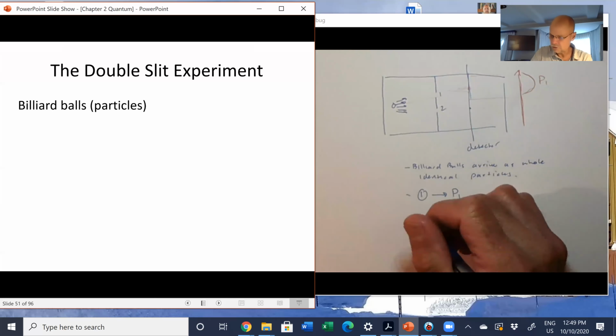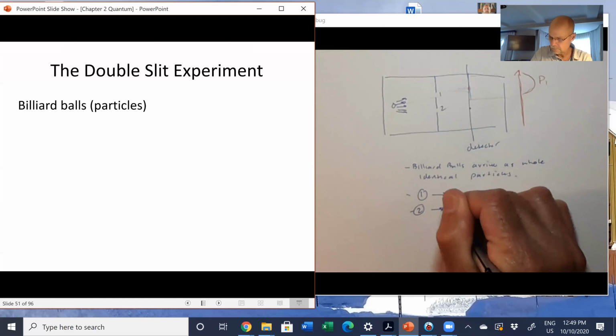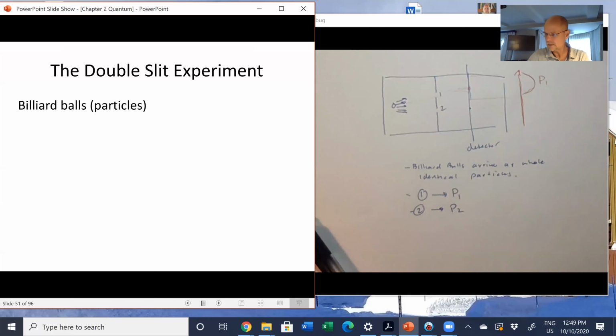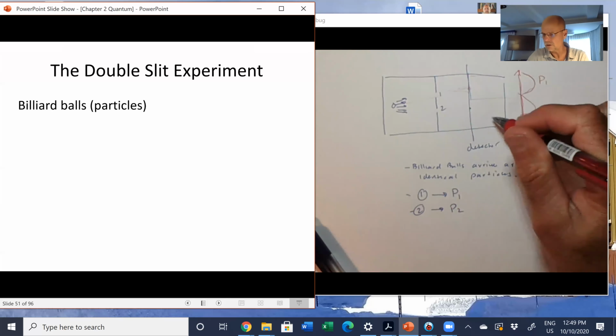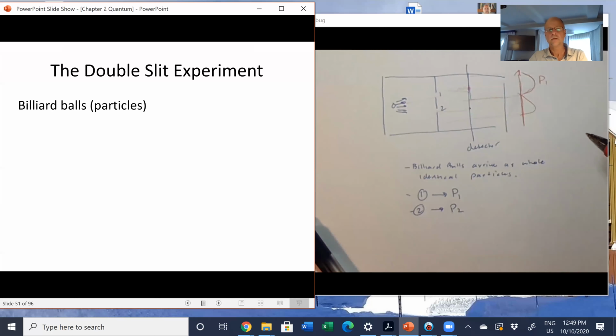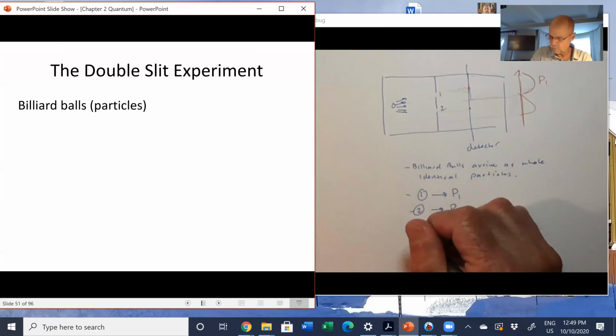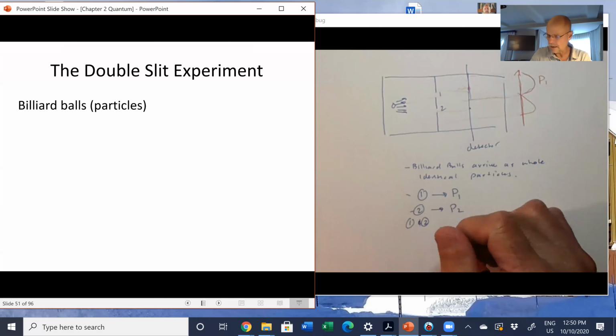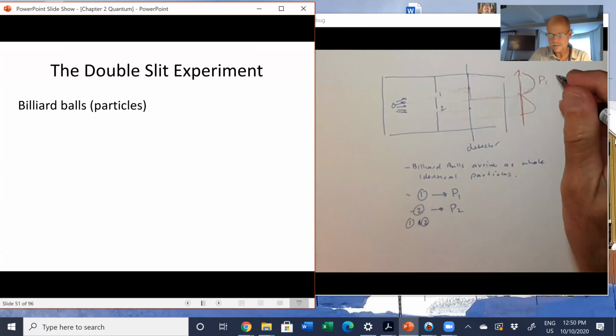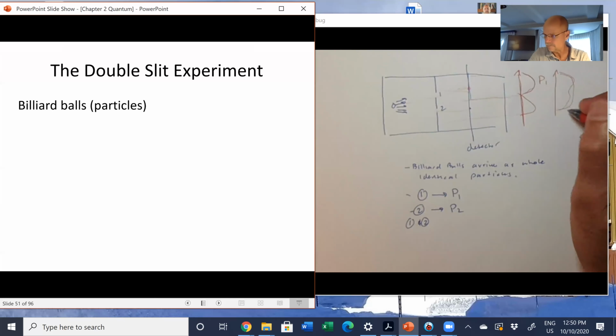If you open hole 2, you get P2. P2 looks kind of like P1, but it's just shifted over so that it's behind hole 2. And then if you open both holes, 1 and 2, you get simply the sum of P1 and P2, which I didn't draw very well, but maybe it looks something like that.